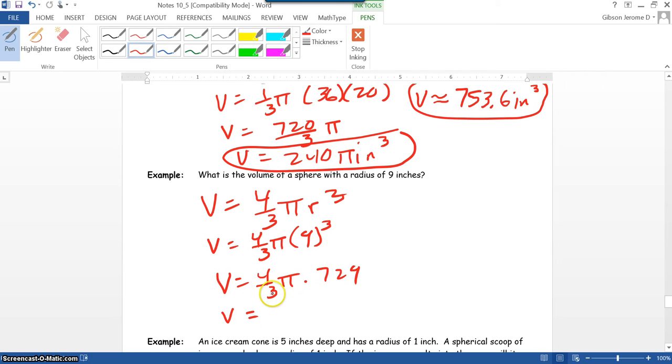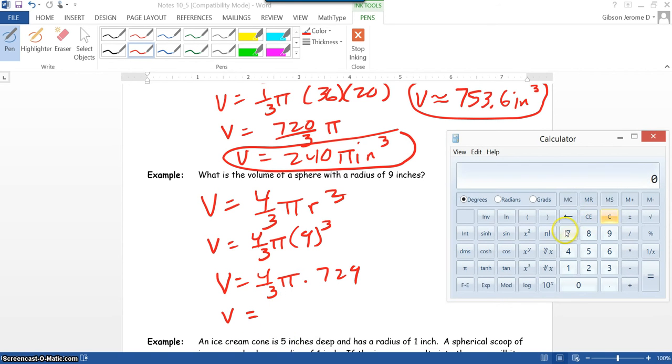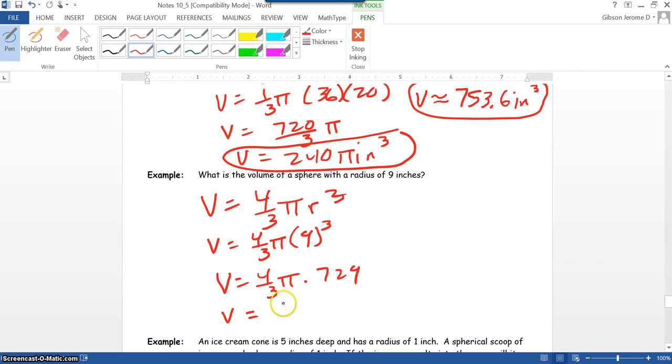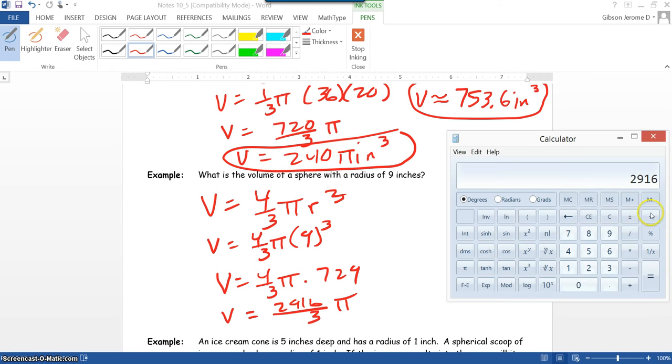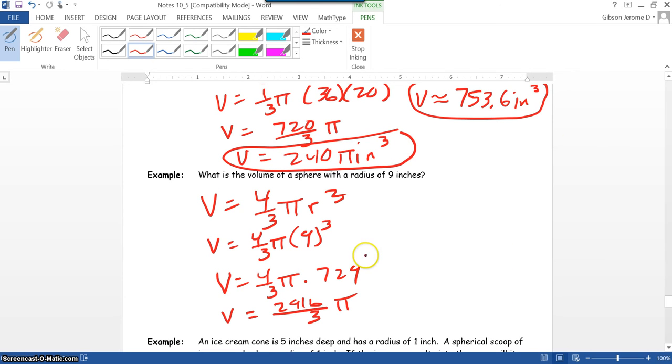Now, we will multiply this here. We will take 729 times 4, which will give us 2,916. We'll divide that by 3. And that will give us 972. So it'll be 972 pi cubic inches.